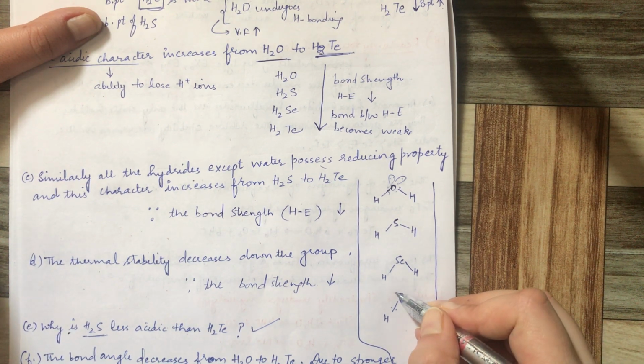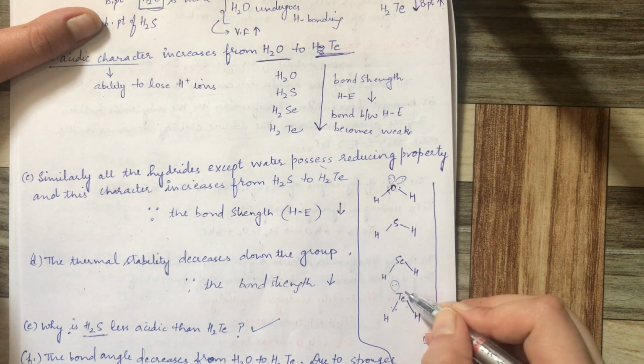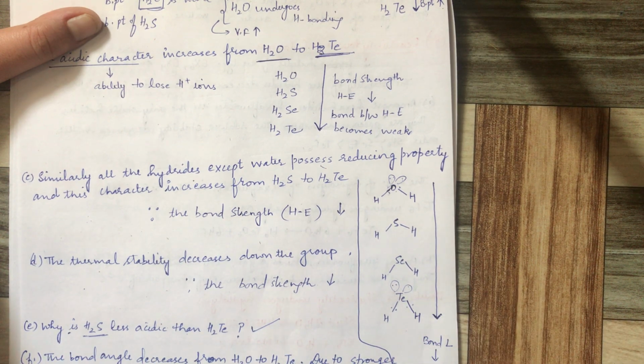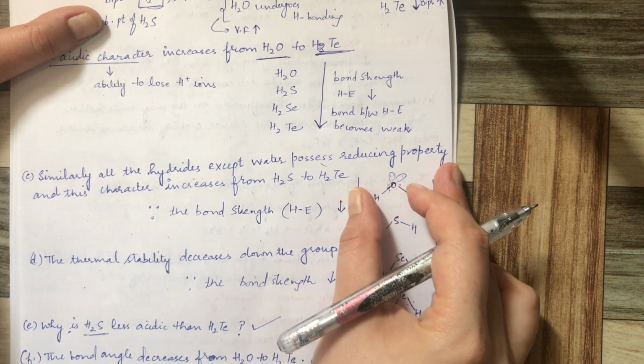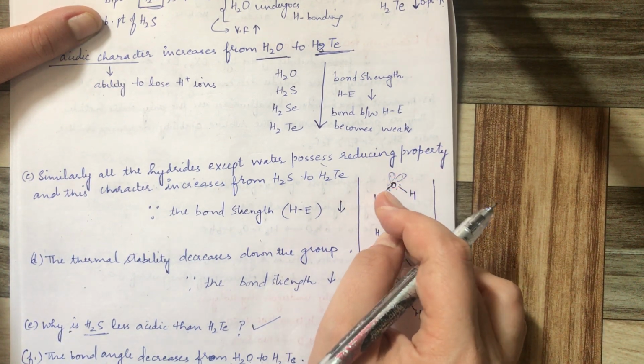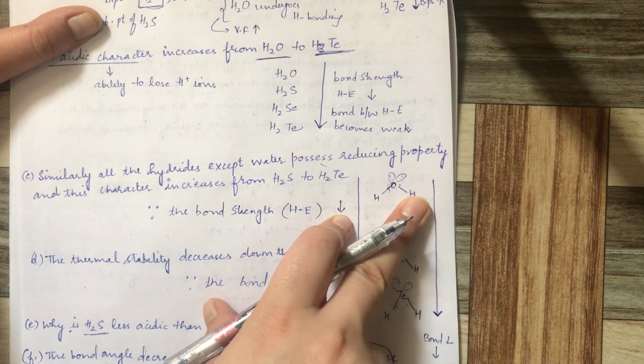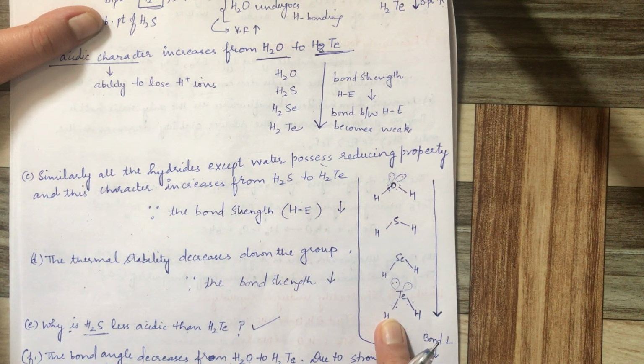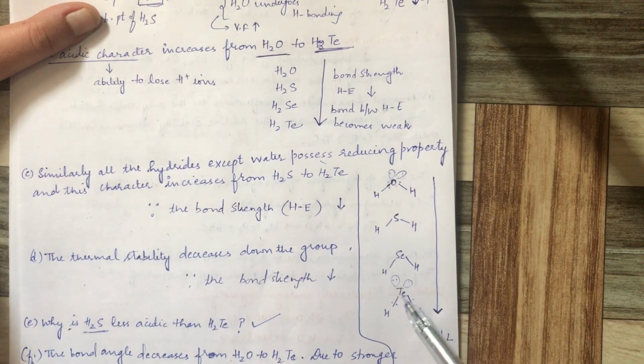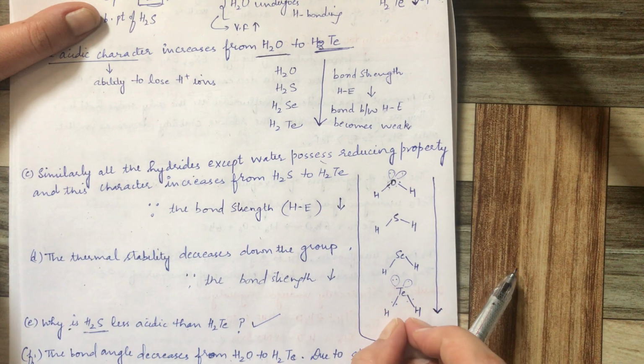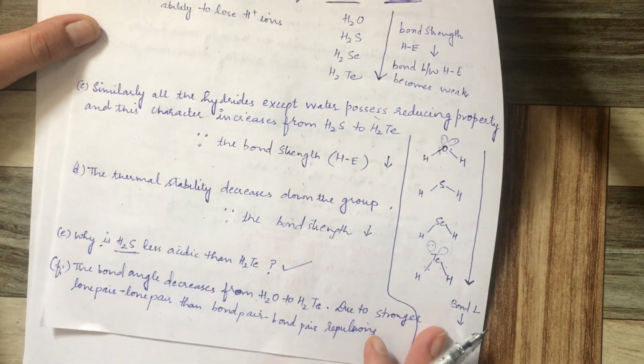So just to decrease lone pair repulsions, they come closer. Here they have to open up because the bond pairs are very close to oxygen, hence the bond angle is more. But in case of tellurium, the bond pairs are far from tellurium, hence they only have to reduce lone pair repulsions, hence they come closer and the bond angle is lesser.